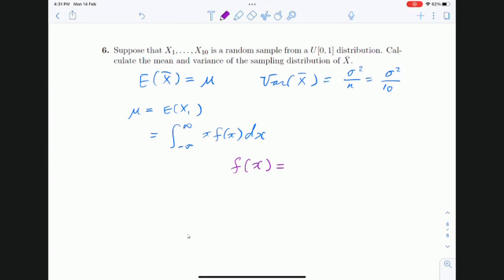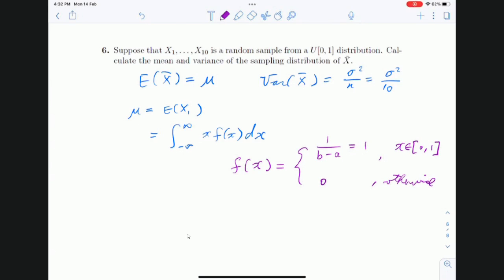If you draw it in a graph, it is a horizontal line, a constant. 1 divided by B minus A. And it is 0 to 1 because B is 1 and A is 0. But this will be equal to this value just when x is within the range. If x is outside the range, the density function is equal to 0. This is the density function of the uniform distribution.